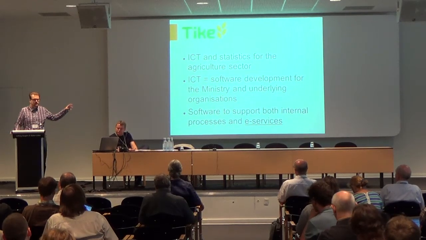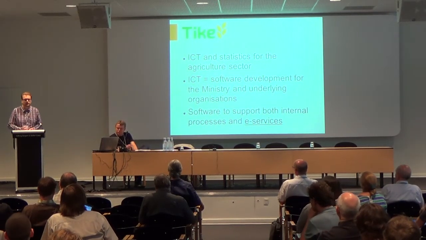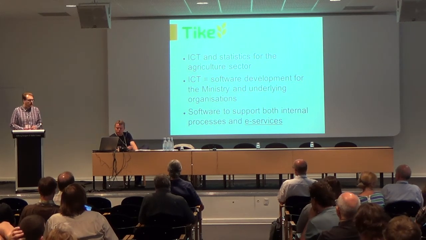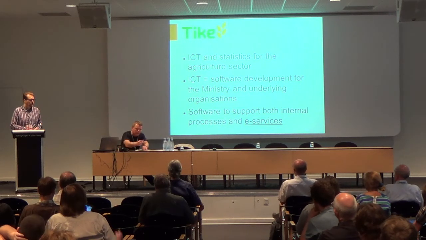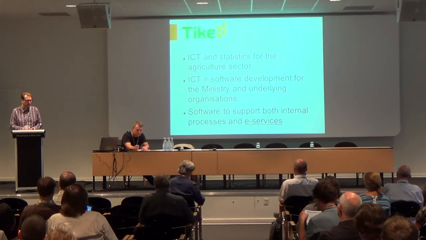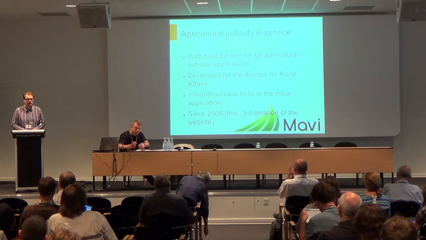DIKE, which is the information center, does two things. It does ICT for the Ministry of Agriculture and the surrounding agencies, and also statistics, but we're not going to go into that. But they create a lot of software, for internal purposes and internal processes of the ministry, but also e-services, which relates to this presentation.